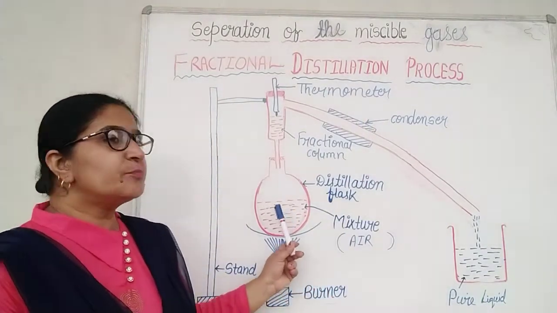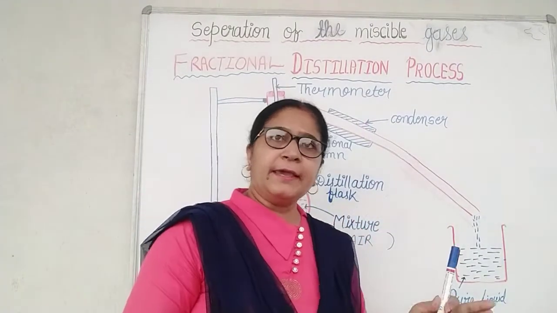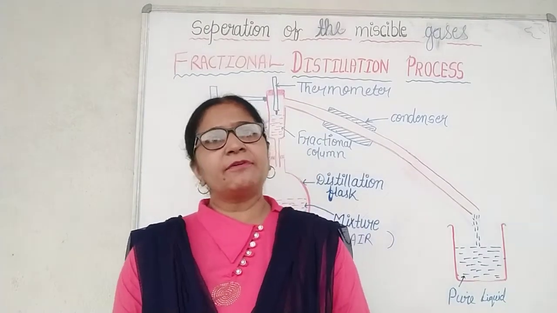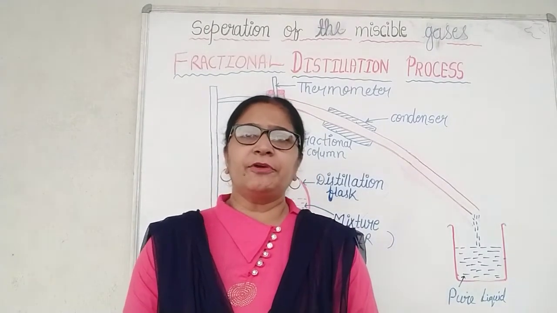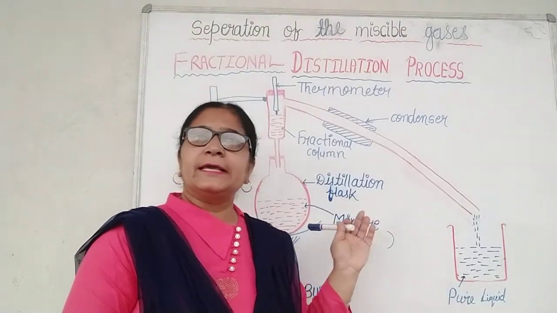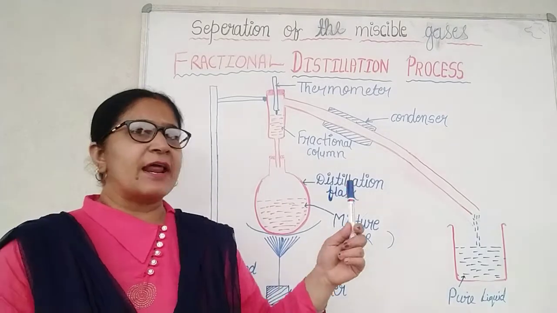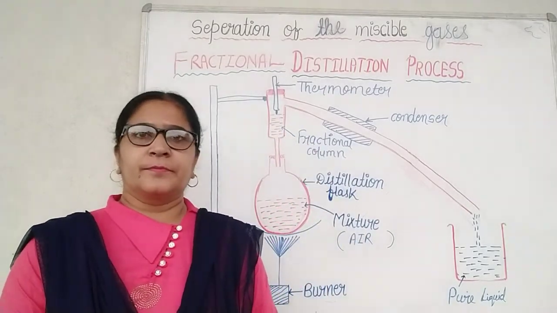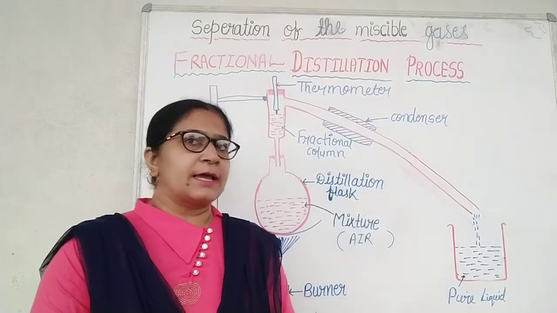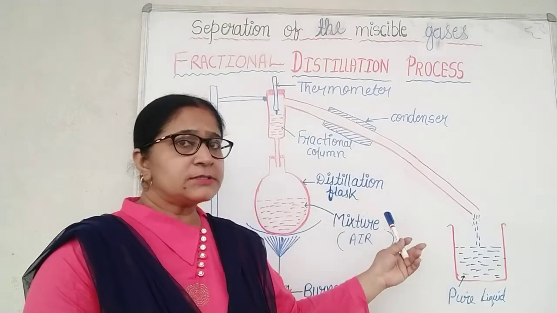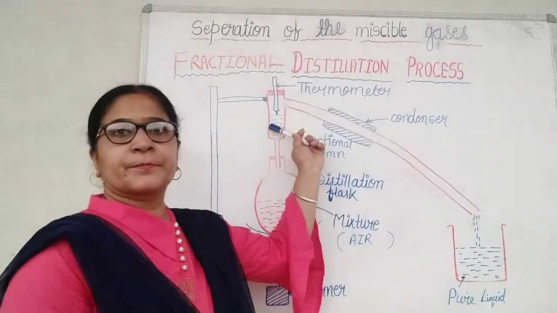And this is the mixture, meaning air. Here we have a distillation flask in which we will take the mixture, that is air, and a fractional column connected to a condenser to liquefy the gas, and then a beaker is placed near its mouth, right here.